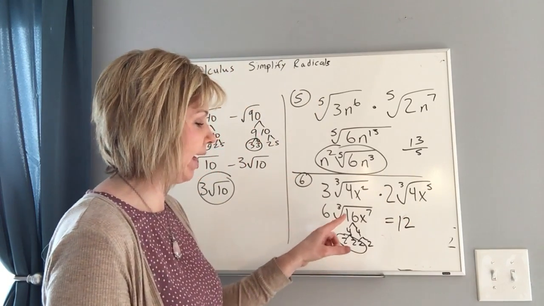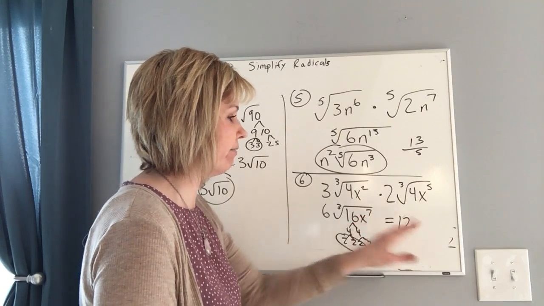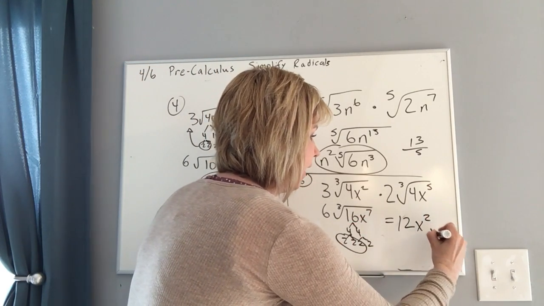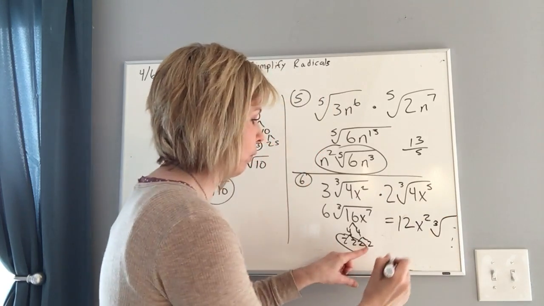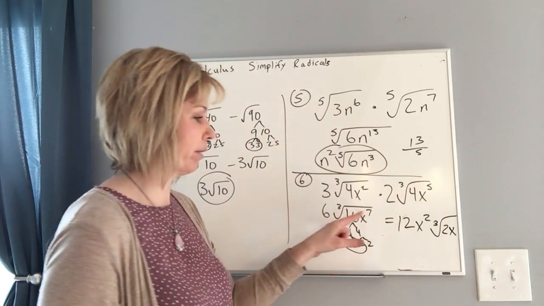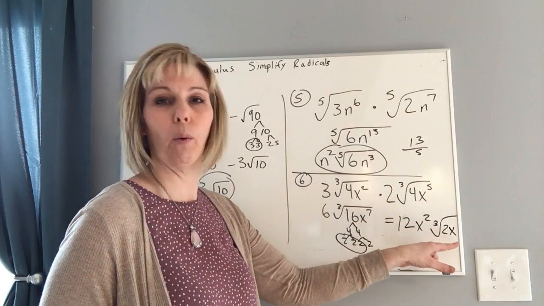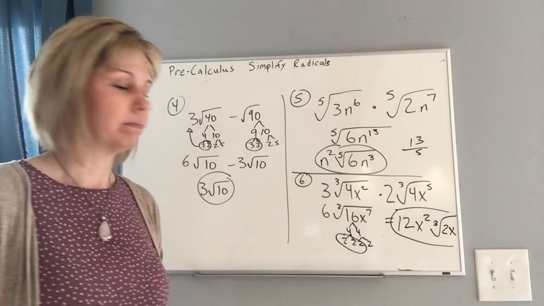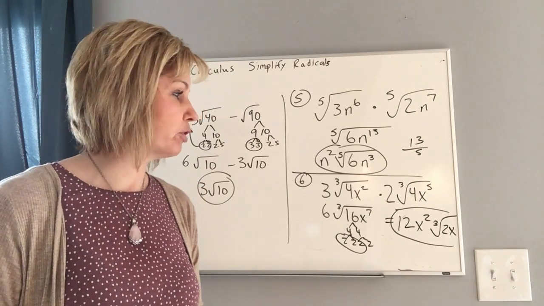Then 3 can go into 7 twice, so we've got x squared. Underneath the cube root, there should be one 2 left and one x, because 3 goes into 7 2 whole times with 1 remainder. So it should be 12x squared times the cube root of 2x.